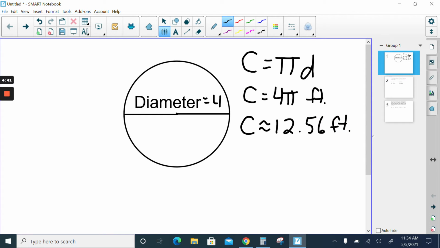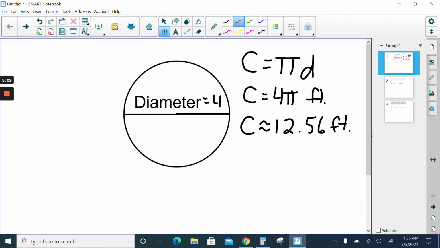Now, obviously, this is not exactly 12.56 feet, but it is close. And we leave this in feet because this is kind of like my perimeter. Circumference and perimeter are very similar, except perimeter is usually adding all my sides together. We don't have any flat straight lines in a circle, so we cannot just add sides together. We need to use this new formula.